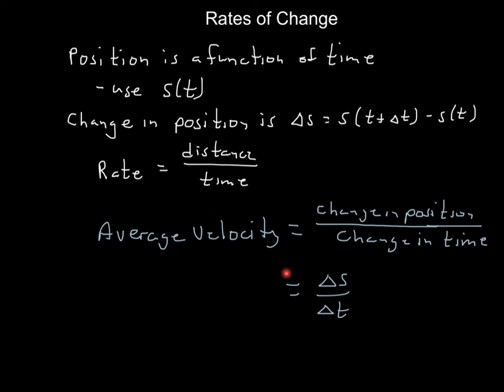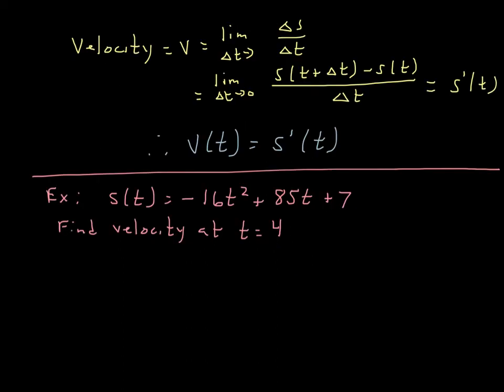But this piece right here is going to lead us to something wonderful. We know that the velocity v is going to be the limit as delta t approaches 0 of delta S over delta T, the change in position over change in time.